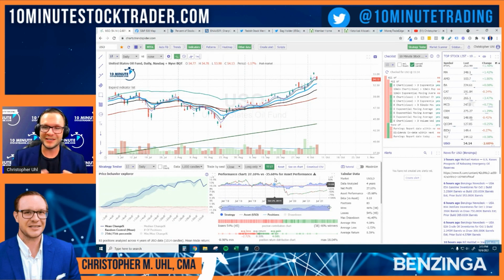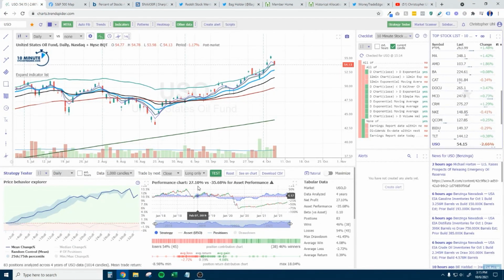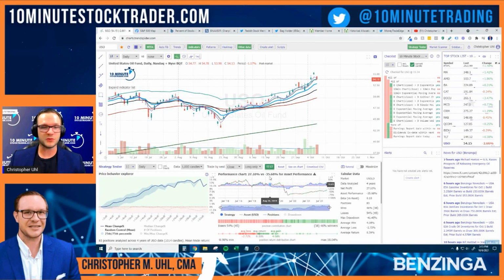But by following this one simple strategy, this one line on the screen, as they talk about on the YouTube ads and whatnot that you see, it literally can show you the difference between a 27 percentage point winner and a 35 percentage point loser. So let's call it a 50 percentage point swing between the two. Yeah. So that is the power of backtesting, right? Oil may be down as an asset over the last 1,000 candles, but if you had a profitable strategy, you actually would show a profit over that time.